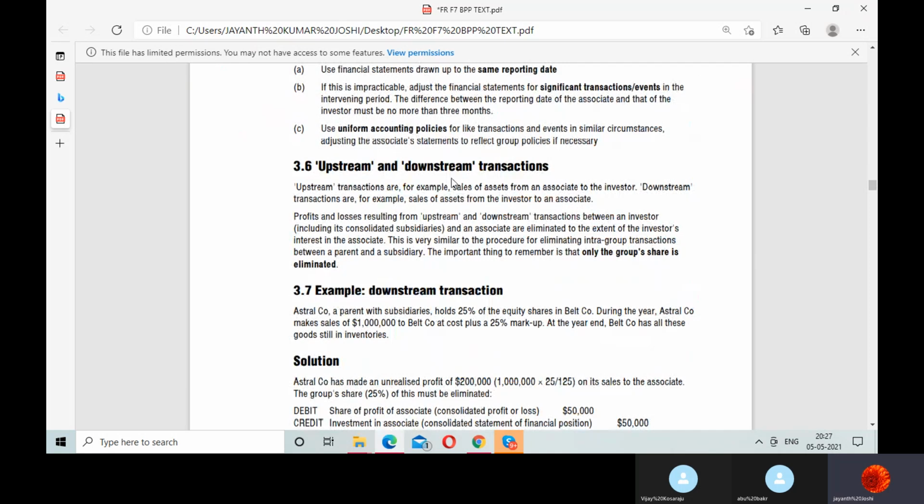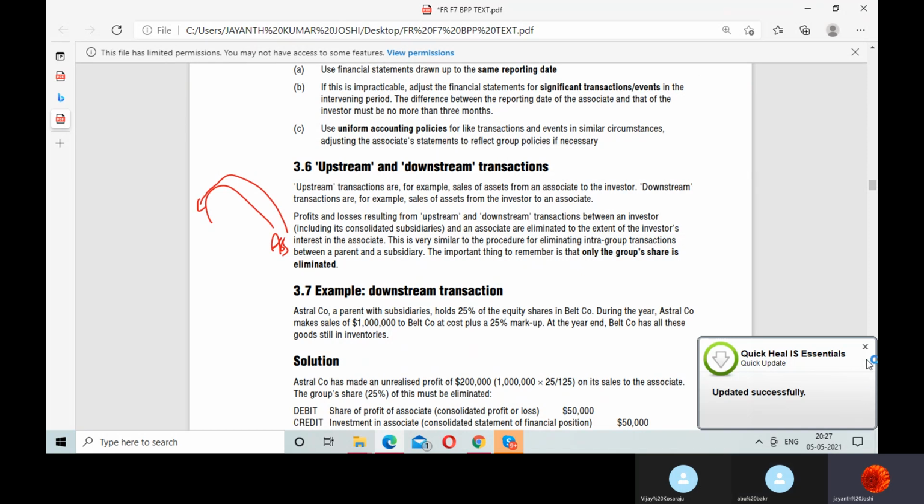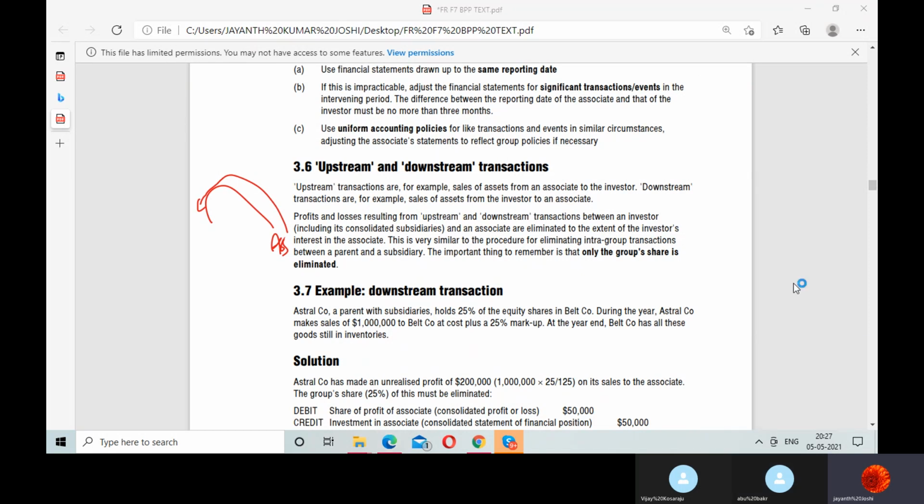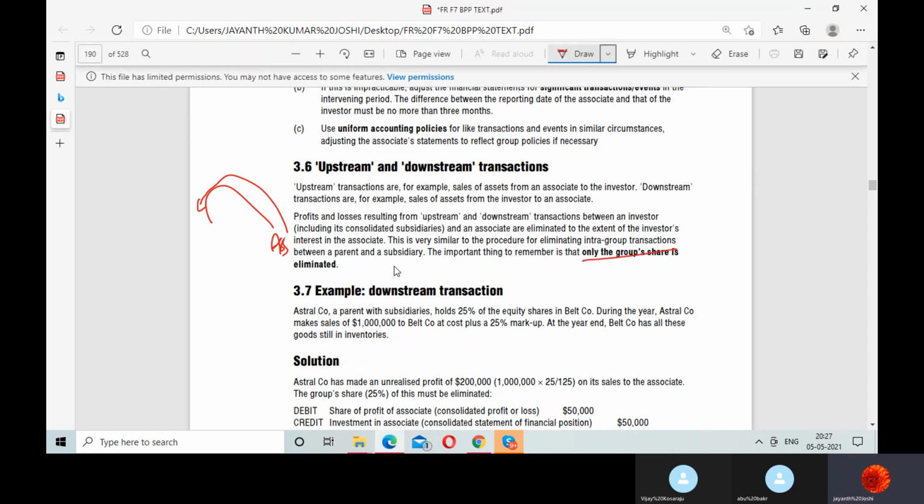See, upstream downstream is nothing but from group to associate, it is downstream if something is sold, and from associate to group if something is sold, it is upstream. Okay. So what you need to do is, it's intra-group transaction kind of, but here the thing is something else. The important thing is to remember that only the group share is eliminated.